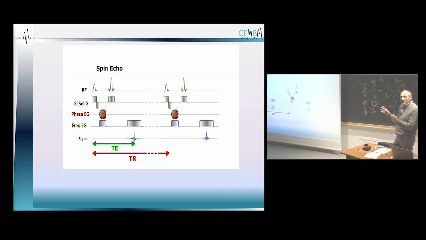So this is a typical imaging sequence. We call this spin echo. The first line in here will be kind of spectroscopy. You put B1, and then you wait, and you get the signal. For the imaging, we want to localize the information.